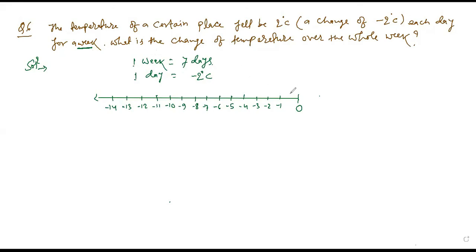So see, 7 days. This representation is the temperature. In one day, minus 2 degrees centigrade temperature fall. Second day, minus 4, then minus 6, then minus 8, then minus 10, then minus 12, then minus 14.